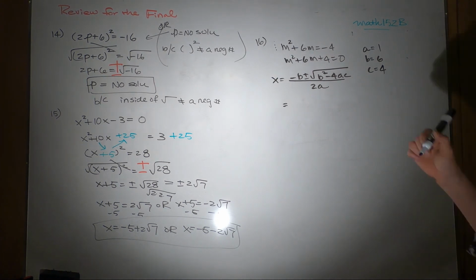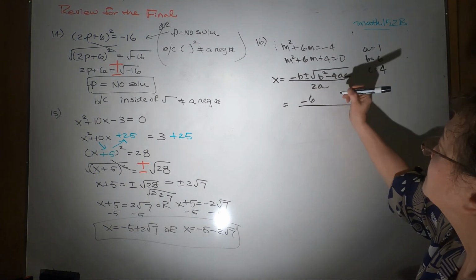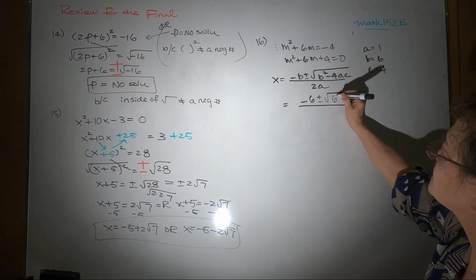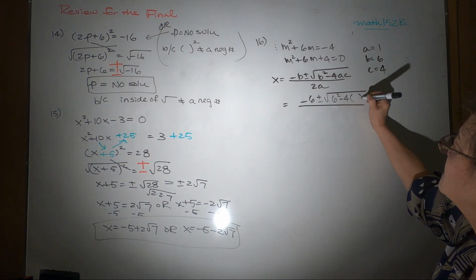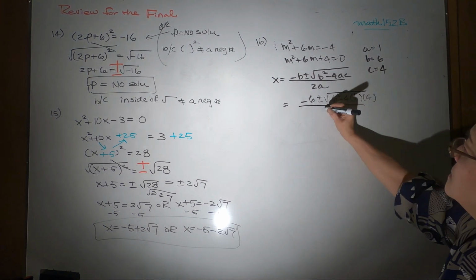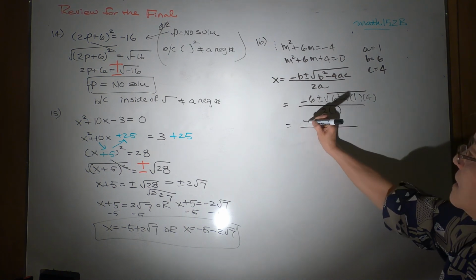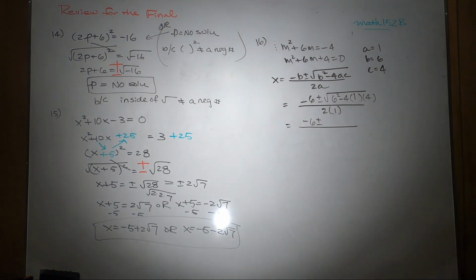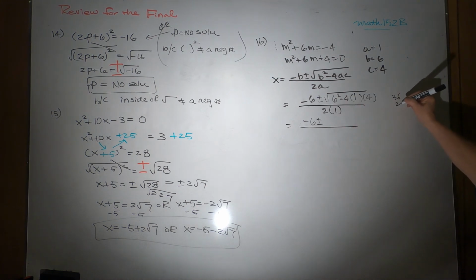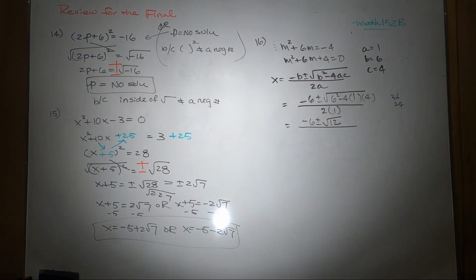Remember that. So you plug into the formula. Negative b, b is 6, right? Plus minus the square root of 6 squared minus 4ac. a is 1, c is 4, all over 2a, right? Then what do we have? Negative 6 plus minus 6 squared is 36 minus 24, which is what? 12, right?